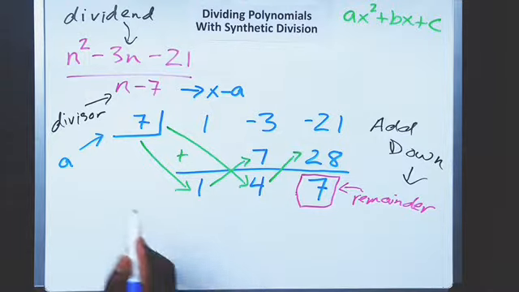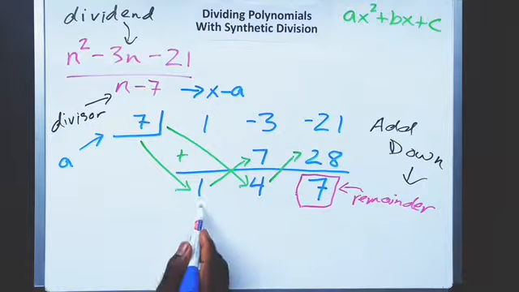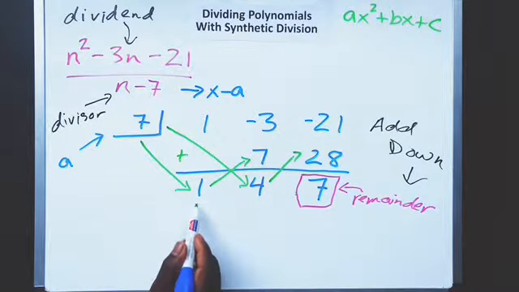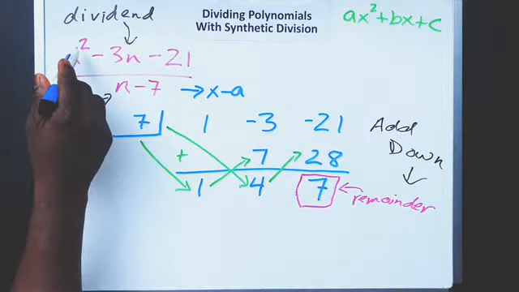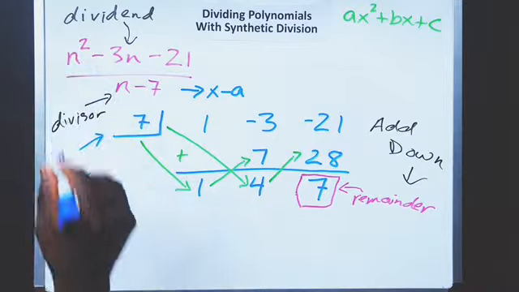Now, when you're preparing to write the final answer, you see these numbers here. This number represents the decrease in this degree, n squared.